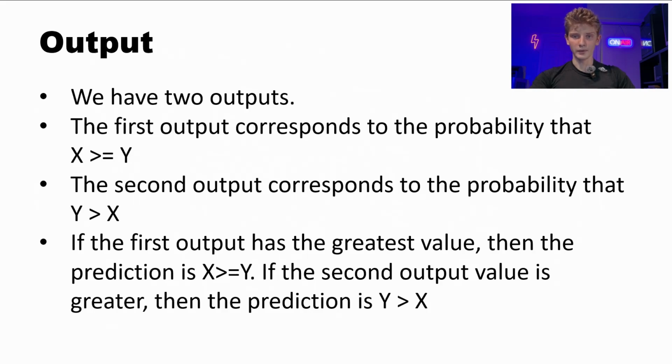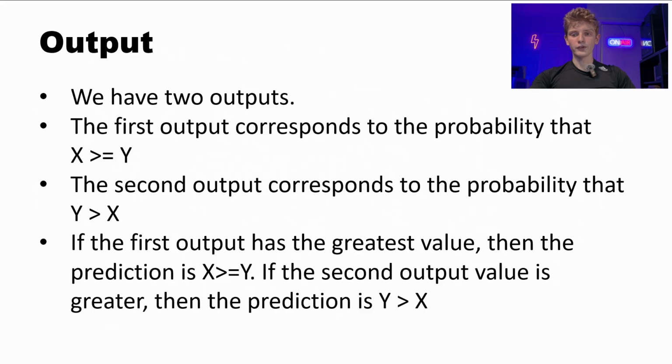So we have 2 outputs. The first output will correspond to the probability that the number x is greater or equal to the number y. And the second output corresponds to the probability that y is greater than x.